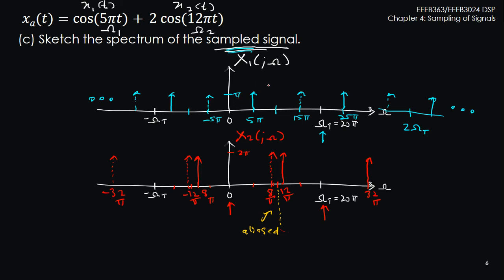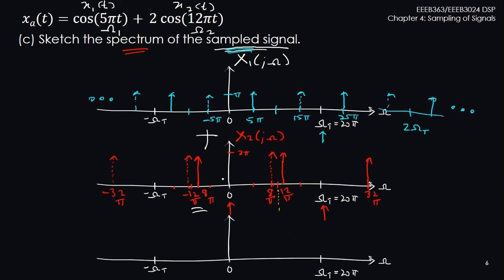So these are the two spectrums of each of these two components separately. If we are to sketch the spectrum of the entire signal, these two signals have to be added together. We have to add these two together, and what will we get? Okay, let's draw out the added signal.